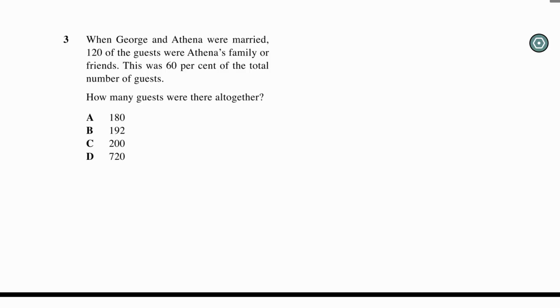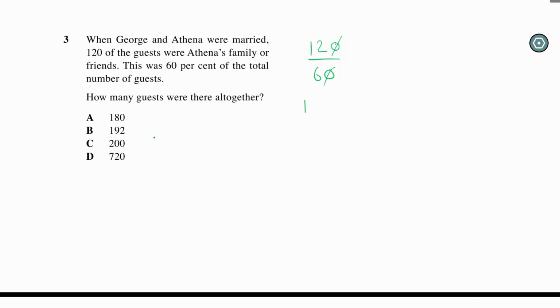So if there were 120 guests and 60% were part of Athena's family and friends, what we'll do now is try and find out how much 1% equals, right? So if we divide this, we can cancel out the zeros.